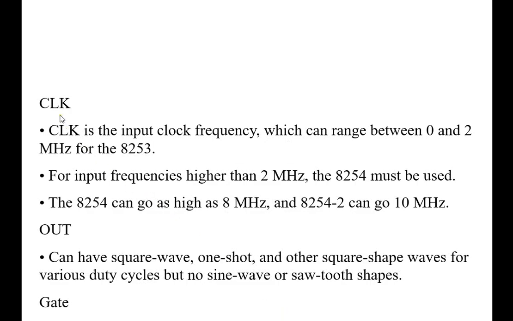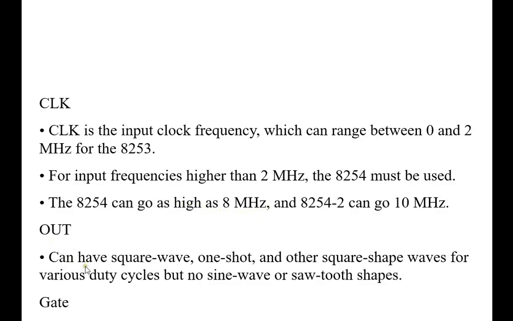Now the clock. Clock is nothing but an input clock frequency which ranges from 0 to 2 MHz for the 8253, and for input frequency its high is 2 MHz. The 8254 can go as high as 8 MHz.